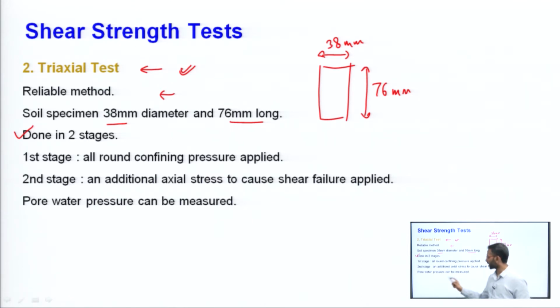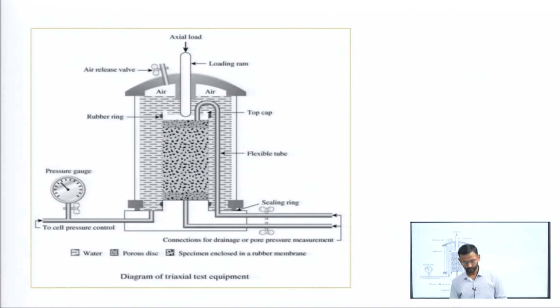Okay, pore water pressure can be measured. That is a very important point, because in the direct shear test this was one of the limitations, since we cannot measure the pore water pressure. This is the figure here and this is the soil sample, this portion here. The cell pressure can be controlled by this mechanism, and the pore water pressure can be drained out via these mechanisms.